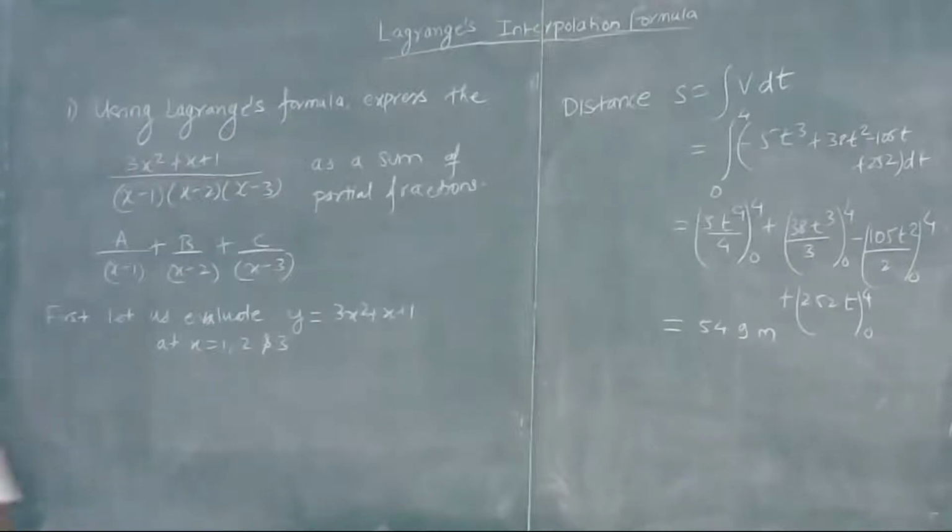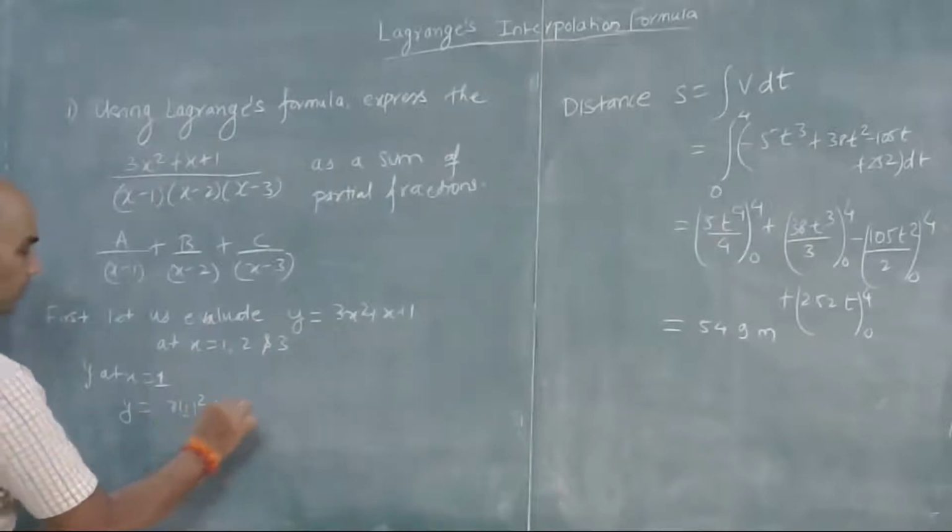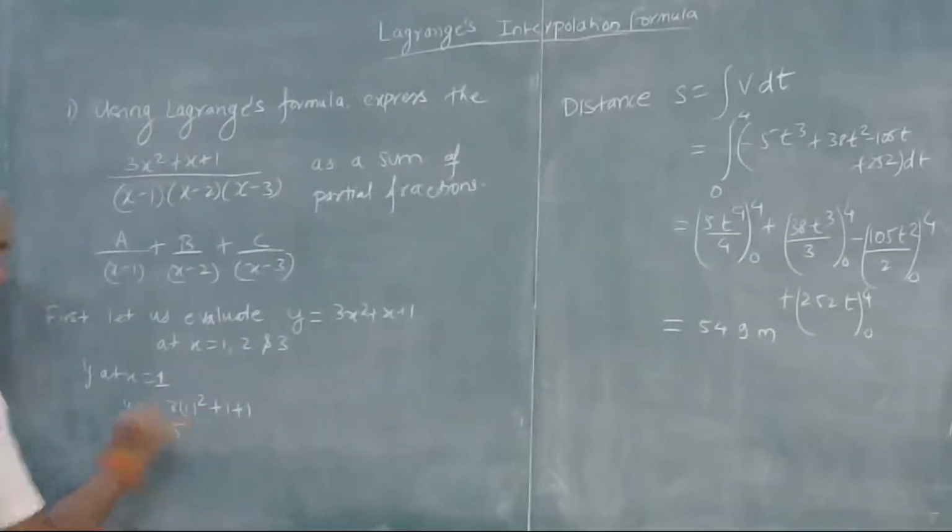So y at x is equal to 1: y will be equal to 3 into 1 square plus 1 plus 1, which is 5.